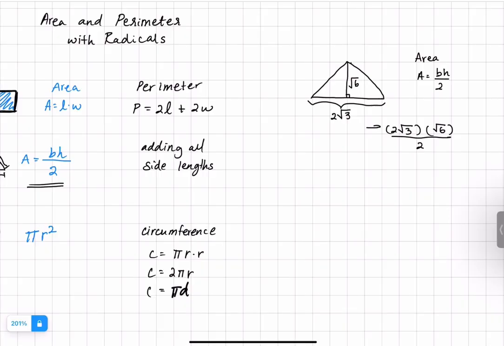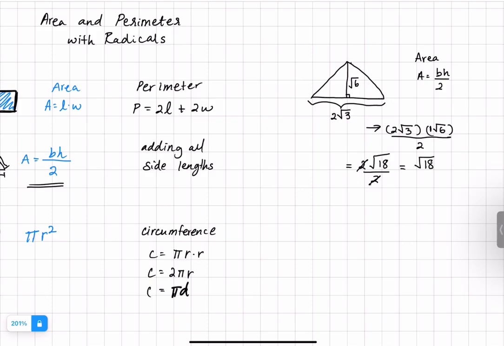We multiply what's on the outside with itself and what's on the inside with itself. So 2 times 1 is 2, and then root 3 times root 6 is root 18, and then over 2. So we can cancel this 2 because it divides by itself.